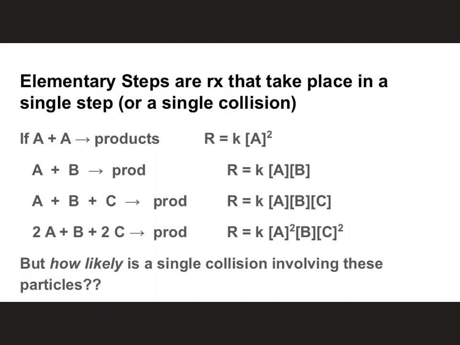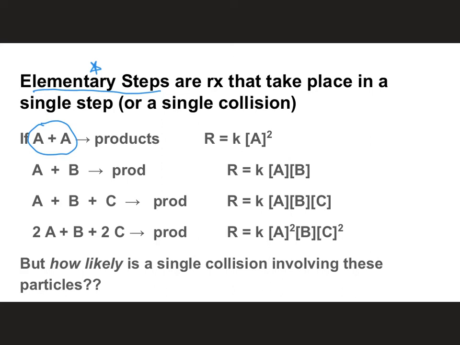Elementary steps are reactions that take place in a single step by a single collision between particles. So if I were to tell you that these processes happen by an elementary step, it means that two particles of A bump into each other and form the products by a single collision.